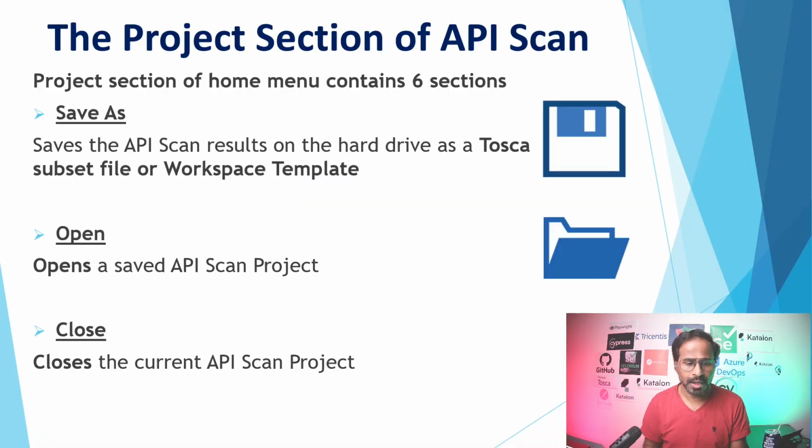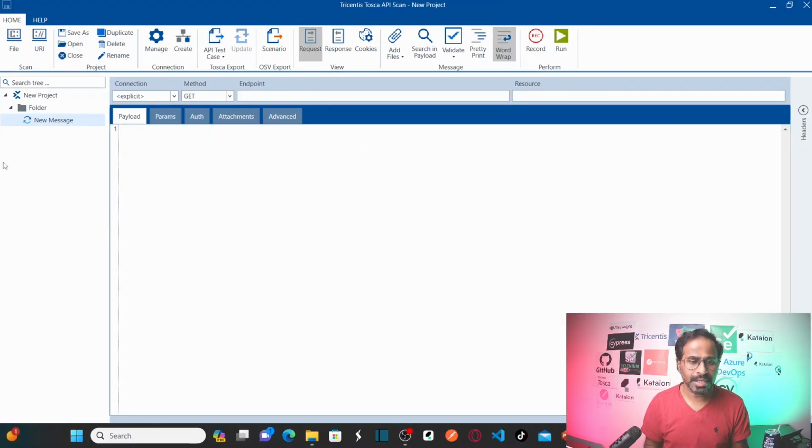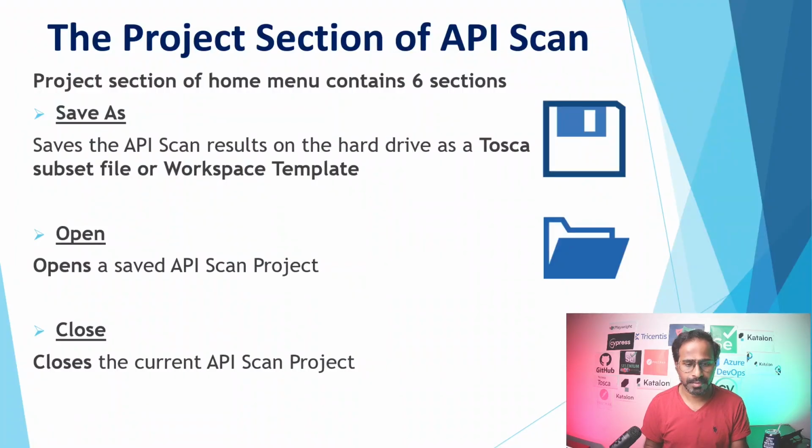And next, close, which closes the current API scan project. As soon as I click on close, my entire current scan project has been closed. This is my default, so my previous project has been closed.